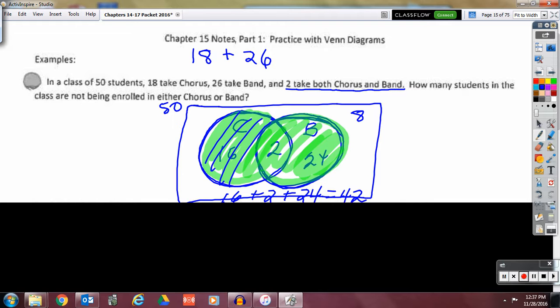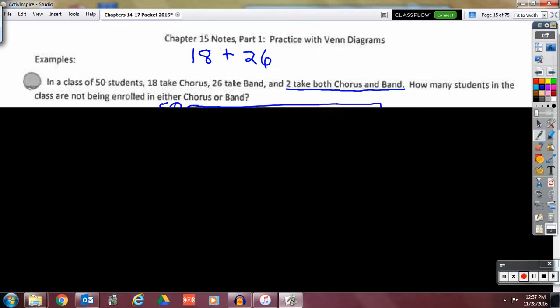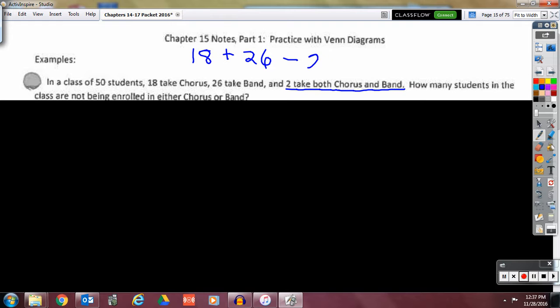The 18 chorus plus the 26 band, what happened to those 2 in the middle? They got double counted, so I have to take away the 2 that got double counted, and that's another way to come up with your 42 students.